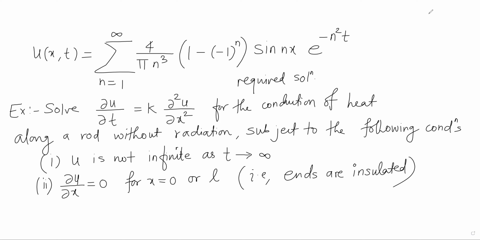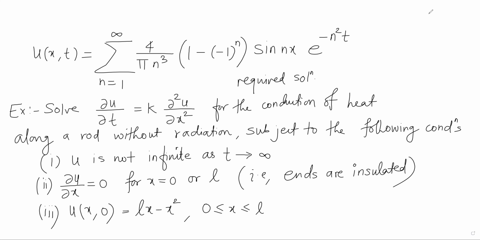The third thing given is u of x,0 is Lx minus x square for 0 less than or equal to x less than or equal to L. So all these things are provided here.